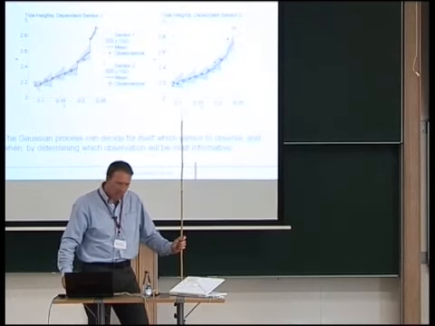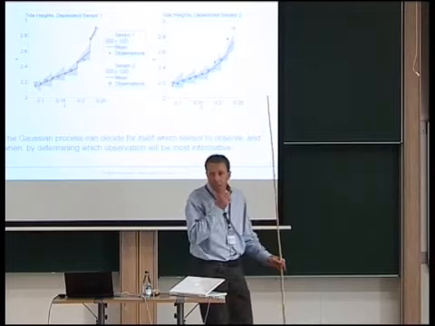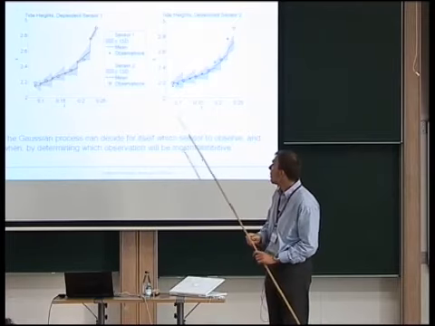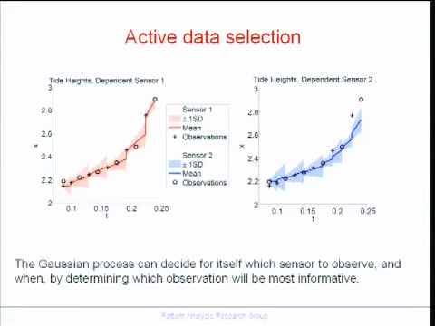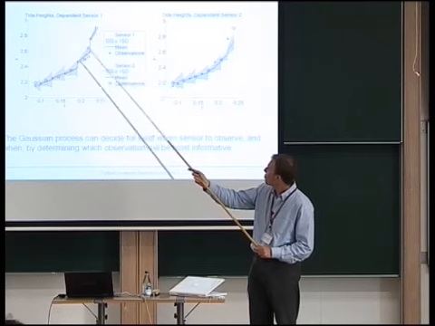So let me explain a little bit about active data selection, because that's something I'll give a demonstration of in a moment. Imagine we've got a couple of tide height sensors here. This is sensor 1 and sensor 2, and what we're doing is busily sampling away, taking observations and so on.